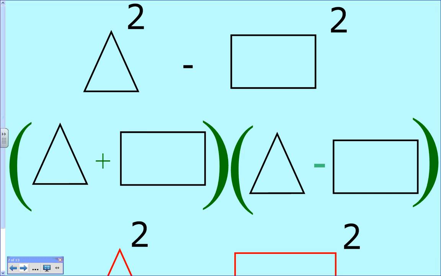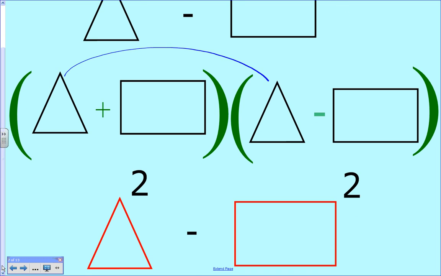And again, one of the most wonderful things about factoring is you can always verify that you factored correctly by checking, by foiling, the monkey method, whatever it is you've been taught to multiply binomials or polynomials. In this case, triangle times triangle gives triangle squared, what you started with.